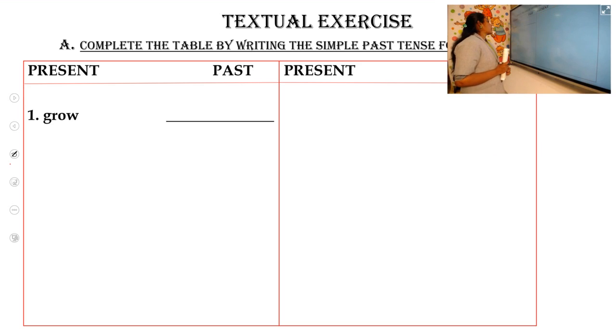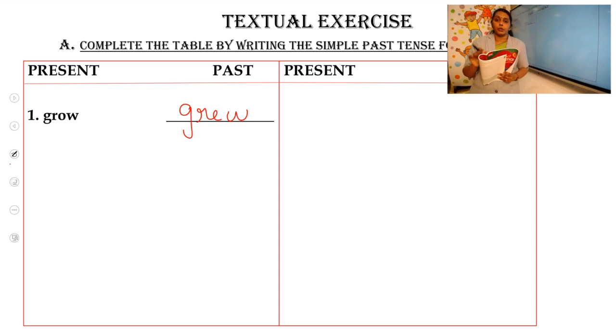First, grow. This grow is a present tense verb, and we have to write the past tense verb. So what will be the past tense of grow? Grew. Along with me, please children, you also have to write it in your textbook.